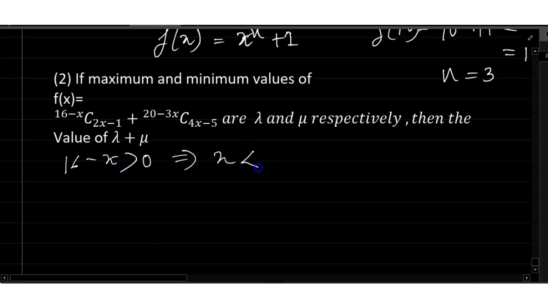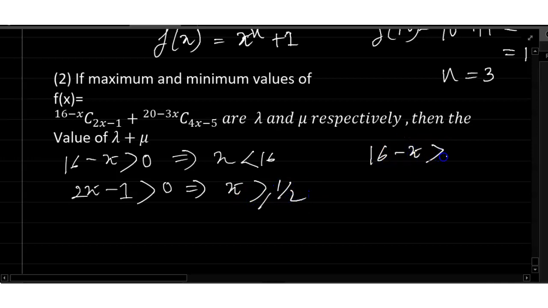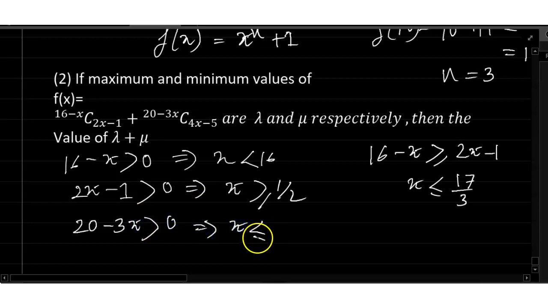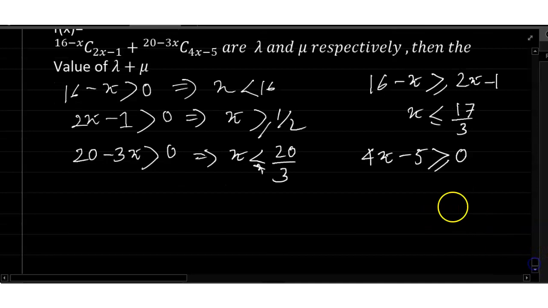That implies x less than 16. Also 2x is greater than 1, so x greater than half. 16 minus x less than or equal to 2x minus 1 according to combination theory, so x is greater than or equal to 17 by 3. 20 minus 3x is greater than 0, that implies x less than 20 by 3. 4x minus 5 is greater than or equal to 0, so x is greater than or equal to 5 by 4.